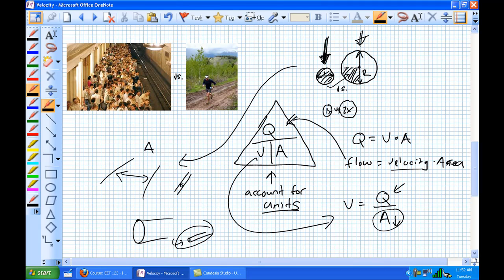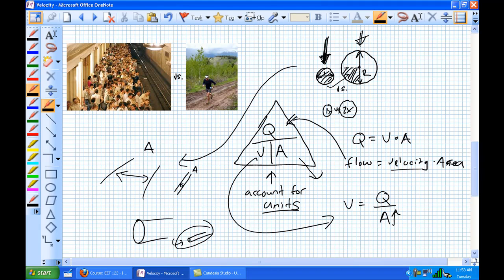So I've gone from big area to small area, same flow rate, still 1,000 people per minute. Again, velocity increases to get that same amount of people per minute to go through that narrow passageway. Conversely, I increase the area. So keep flow rate the same, increase the area. Velocity decreases. Now you can take a leisurely time going down that hallway and looking at all the artwork. Okay?